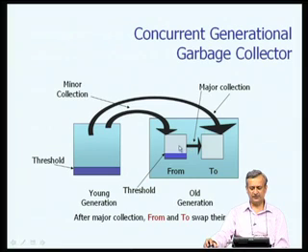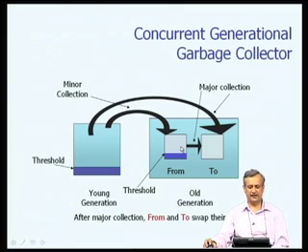So, the objects which are still living here are all now transferred to the 2 space. Objects which have died here and have become garbage are all going to be released. Now the trick is, every time you have long living objects here, they are transferred to the 2 space, and that entire from space now becomes free after the collection.